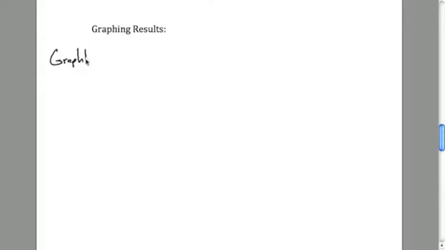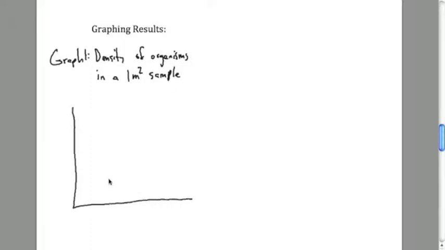For example, let's say we wanted to plot the density of organisms in a 1 meter squared sample. I think I would probably select a simple bar graph for this example, and again, just kind of keep this real basic as we look at our overall sample here.